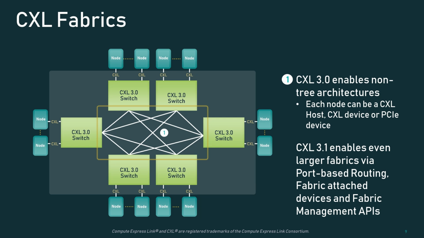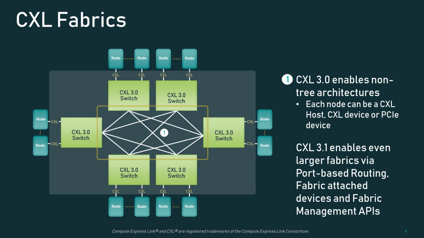In 3.1, we went even further by enabling larger fabrics. There's a new concept that was introduced called port-based routing that allowed the requester, or the source, to populate the information for routing, which allows for much larger fabrics. We also defined fabric attached devices, where you have a fabric and you can attach memory devices to it that are servicing requests from many hosts, in theory up to 4,000 or so, a really large number of hosts.